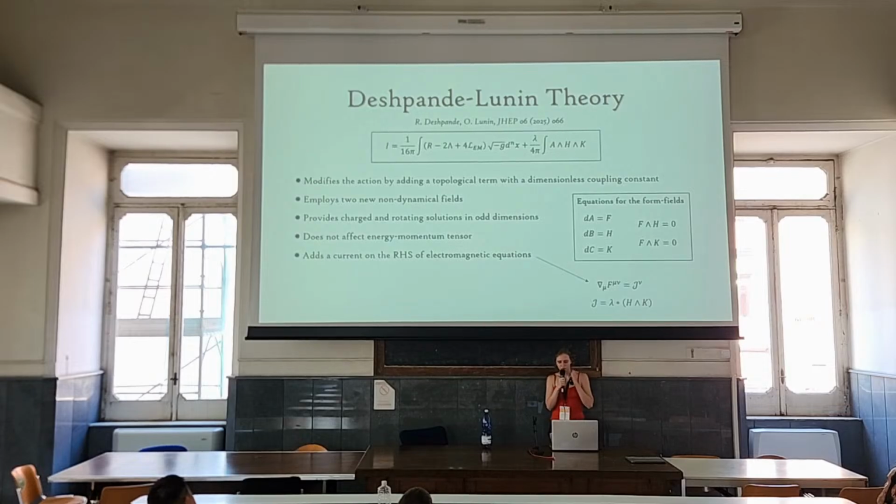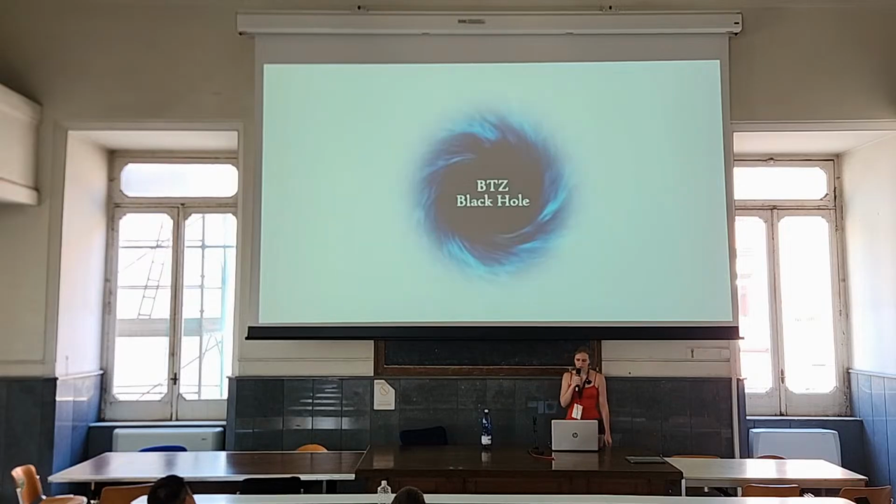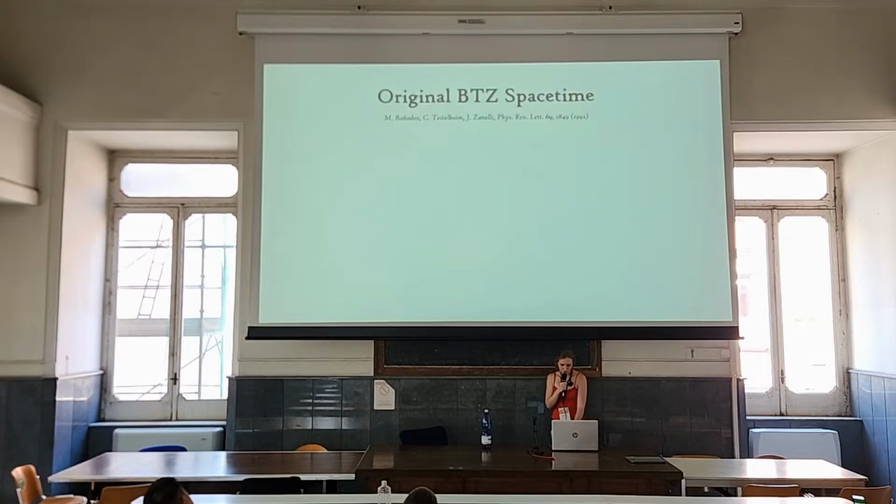Keep this in mind, and now let's digress a bit and talk about the BTZ black hole spacetime. The original BTZ black hole spacetime was found in 1992 by Bañados, Teitelboim and Zanelli. That is why it's nicknamed BTZ. It is a three-dimensional black hole which is rotating, and it can possibly also be electrically charged, in a spacetime with a negative cosmological constant.